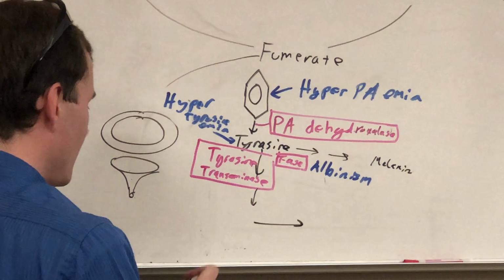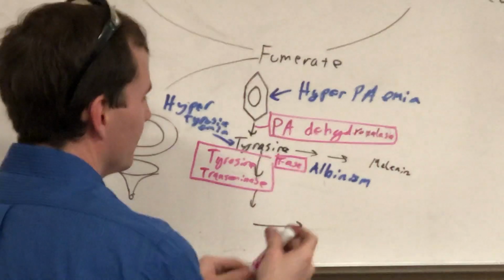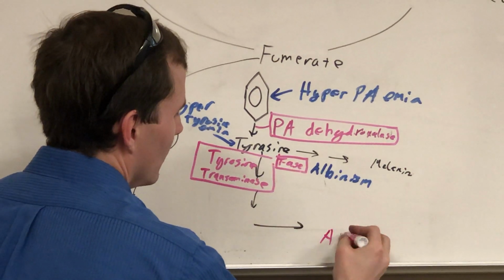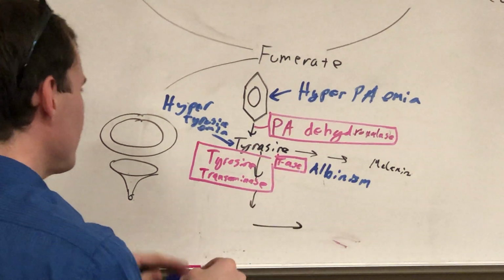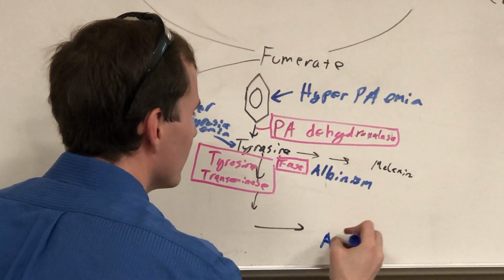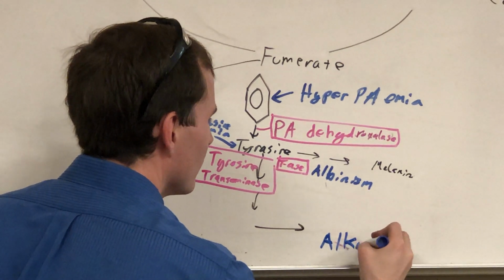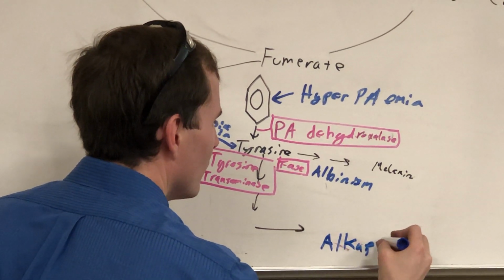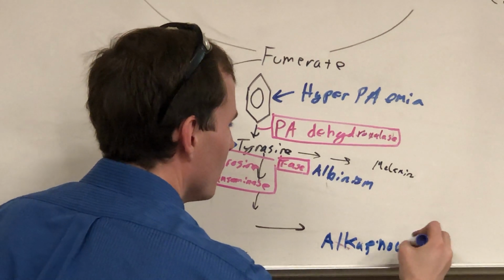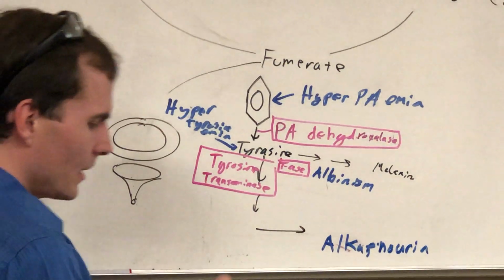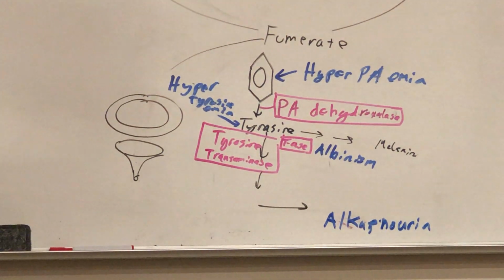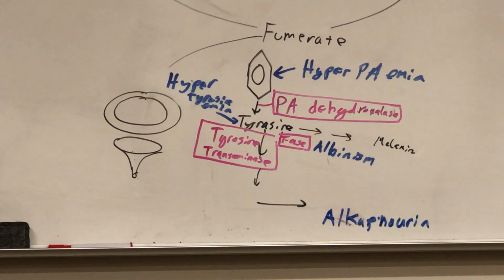Last guy is going to be alkaptonuria. It's PA hydroxylase. It's phenylalanine. All right, so for alkaptonuria, let's see, homogentisic.